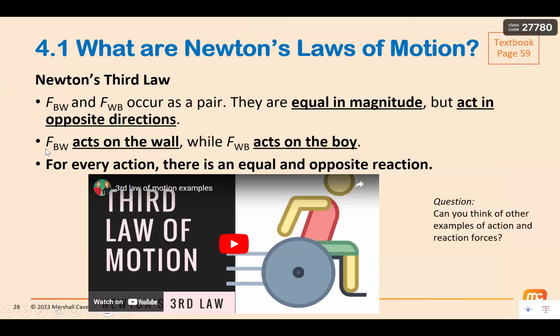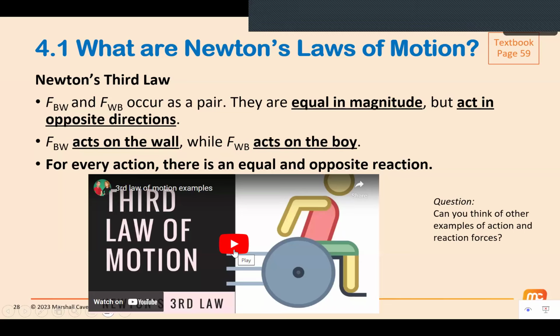For example, I have a force that acts on the wall, the boy on the wall, and I also have a reaction force, which is the force of the wall on the boy. For every action, there's an equal and opposite reaction. Let me show you some examples in real life.